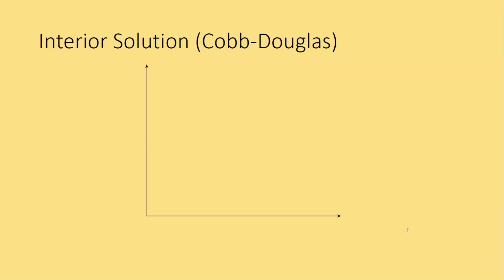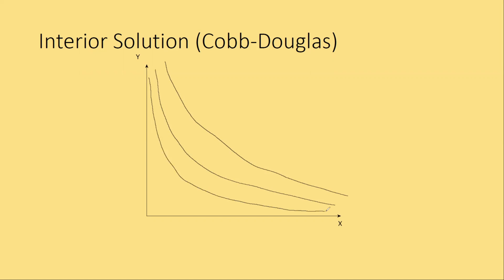On the horizontal axis is our good X, and on the vertical axis is our good Y. We know that the indifference curves of Cobb-Douglas utility functions look something like this. I've shown you a better looking graph in the previous video by drawing it using a computer. So here, this is as good as I can do.